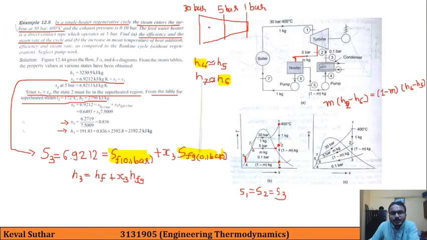Now WT will be in two ways. This will be our first work and this will be our second work output. So WT will be equal to, the first portion with 1 kg, H1 minus H2, plus 1 minus M which is going further, that is H3 minus H2.